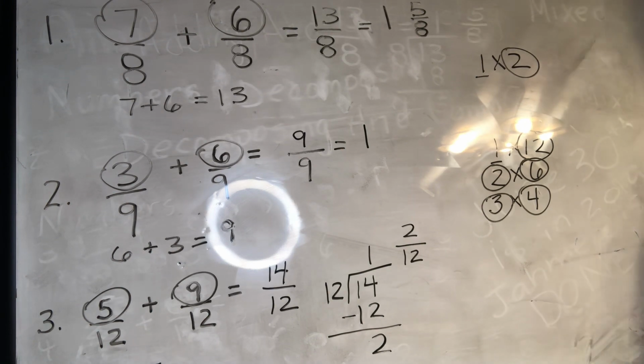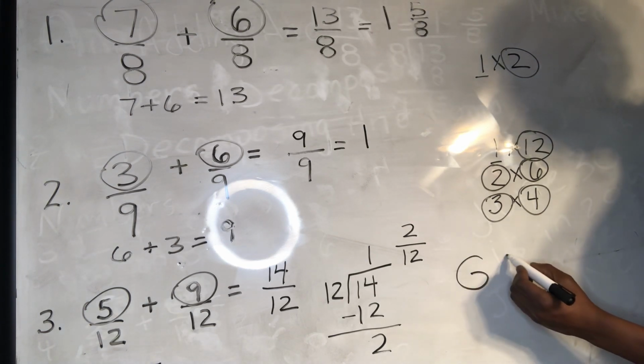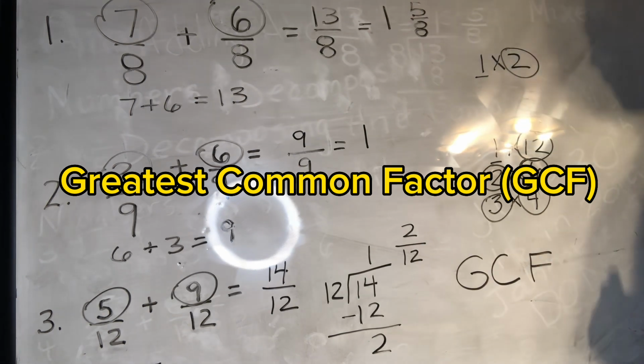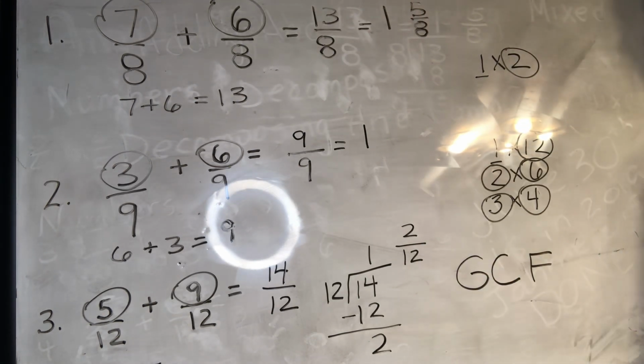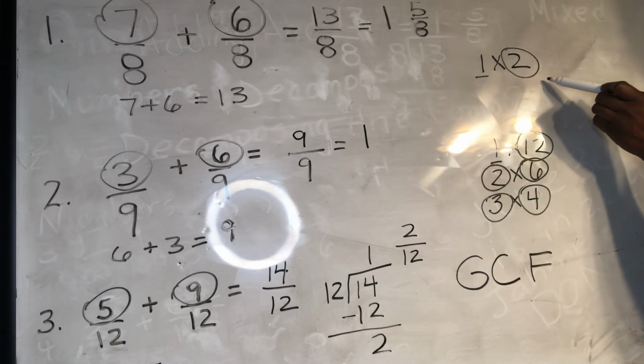But the thing is, we need to find our, what do we call this? GCF. There we go. We need to find our greatest common factor, which means which one do they share. So we see the 2 is the only one that we could use.